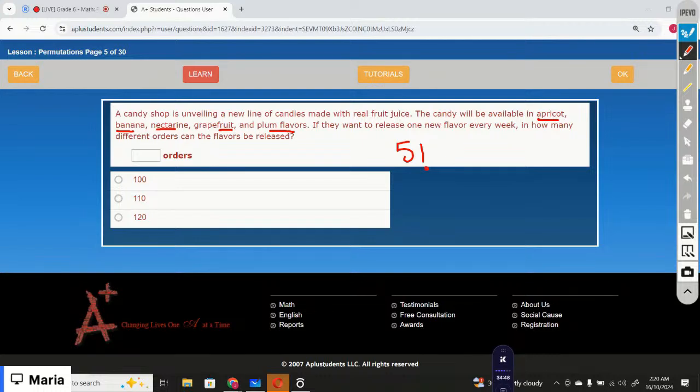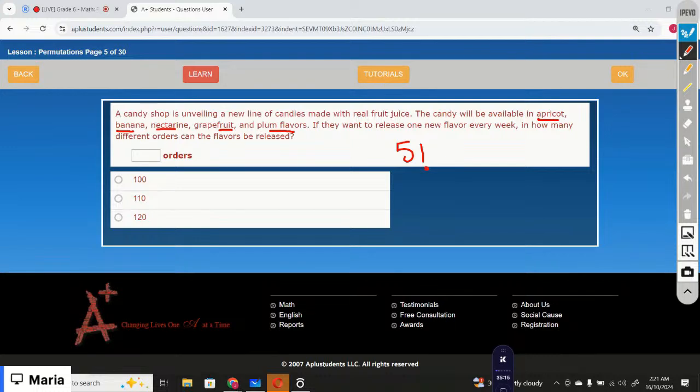You need to see how many choices we have, right? Let's just read the question again and listen to me carefully. A candy shop is unveiling a new line of candies made with real fruit juices. The candy will be available in apricot, banana, nectarine, grapefruit, and plum flavors. If they want to release one new flavor every week, in how many different orders can the flavors be released?